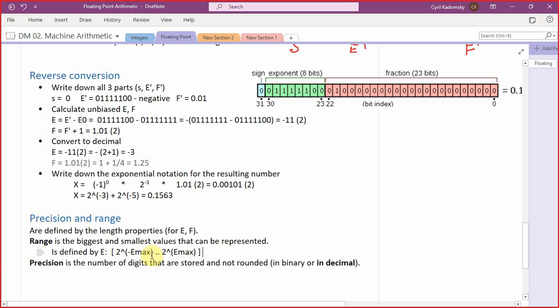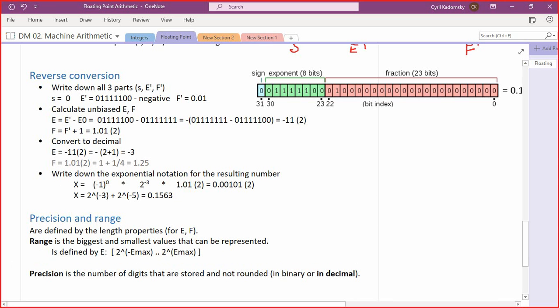Okay, and what is this maximal exponent? The maximal exponent is the maximal value that can still be stored in a fixed length of bits, in the fixed length of the exponent part of our number.